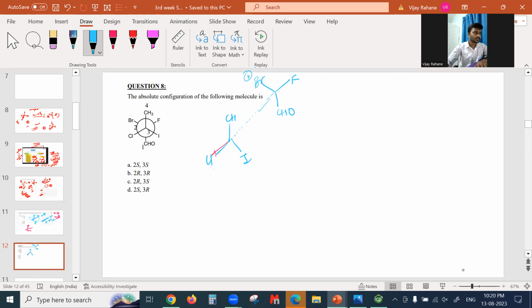So first priority. This group, which has the chlorine and iodine, gets the second priority, because if you see here in this one, the carbon has 4 different groups. One is the fluorine, bromine, and the carbon, which has the CH3 group, chlorine group, and the iodine group. And here the carbon has the double bond and hydrogen. So in this one, we have to assign the numbering correctly first.